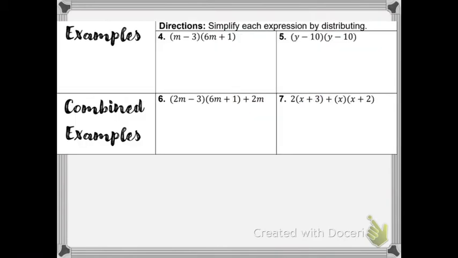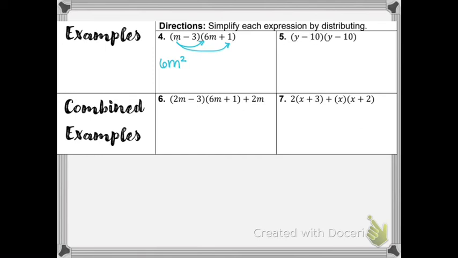Okay, so looking at these bottom ones, I'll do the first example, and then I'll have you try the rest, and then you can check your answers with me. So let's go ahead and distribute the m. M times 6m is 6m squared.